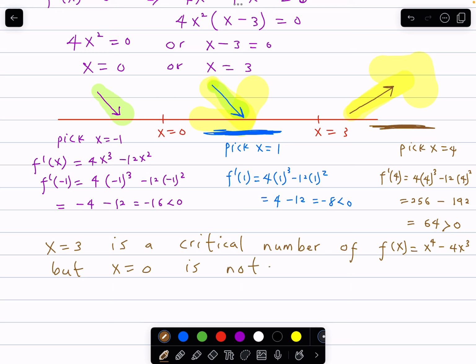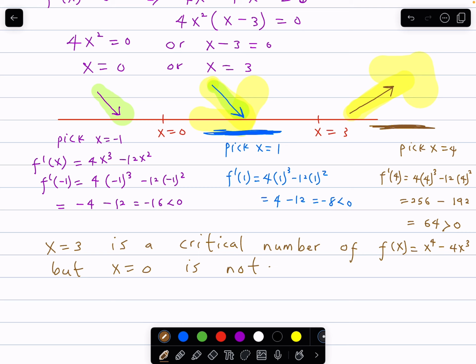And it is not because the function does not change from decreasing to increasing. It's decreasing to the left of x equal to 0 and decreasing to the right of x equal to 0, that is, between x equal to 0 and x equal to 3.